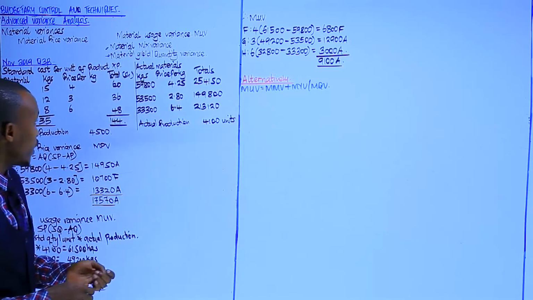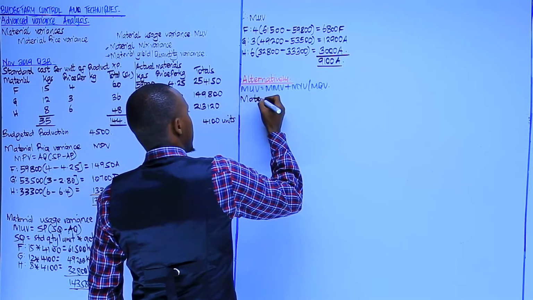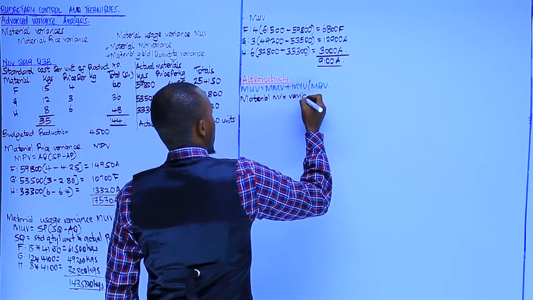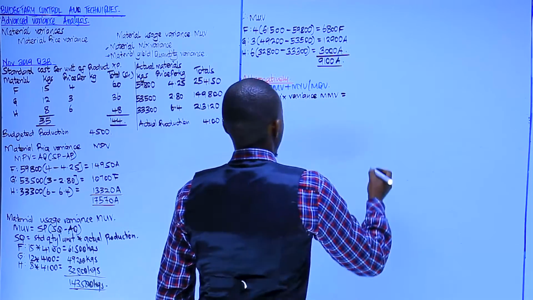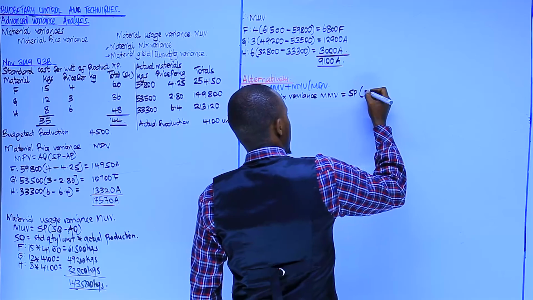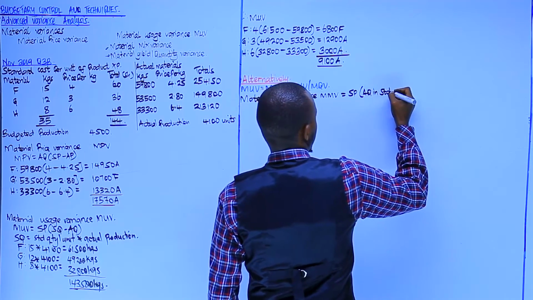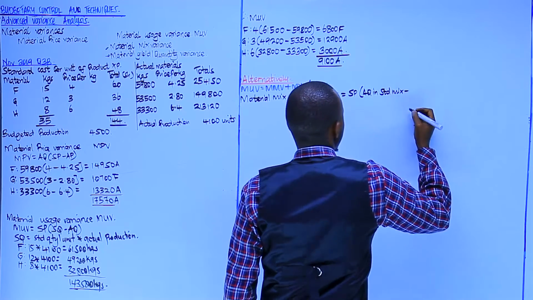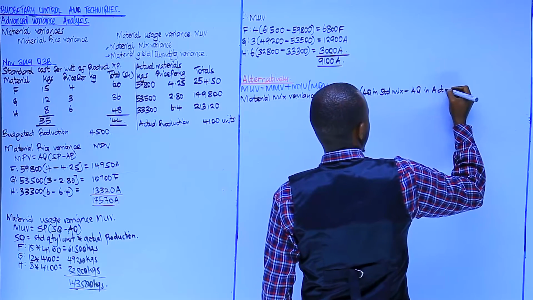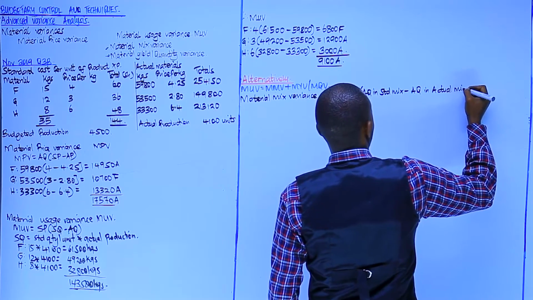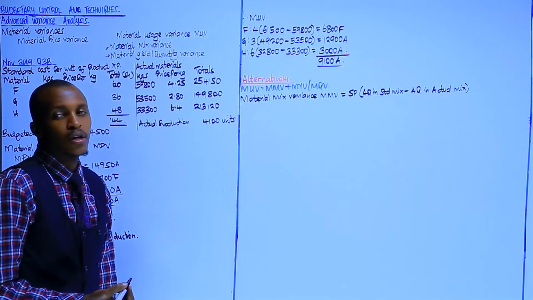Where your material mix variance, MMV, you will say it is a standard price, actual quantity in standard mix minus actual quantity in actual mix. It is the actual quantity in actual mix.